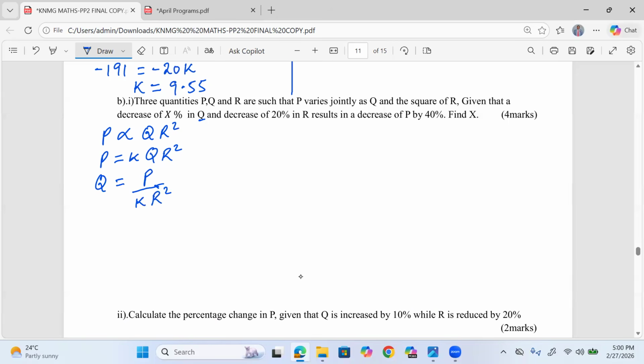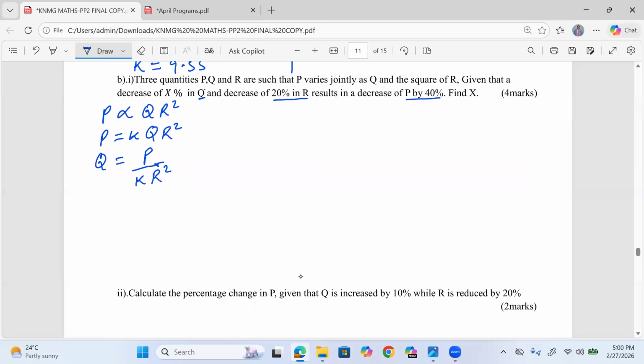So we are being told to mention the change that we will get in Q when R and P are changed. We've made Q the subject because we want the percentage change in Q, that will correspond to a 20% decrease in R and a 40% decrease in P.